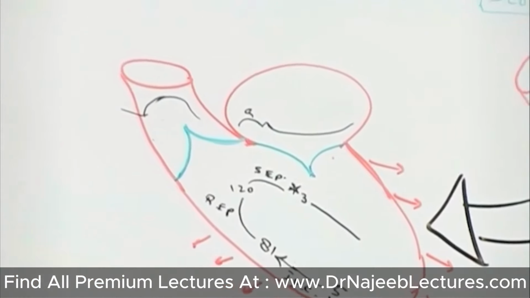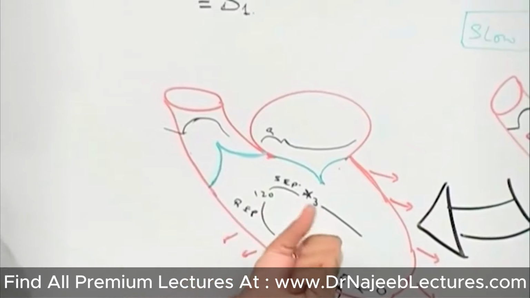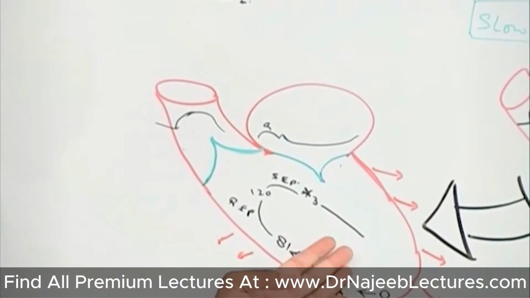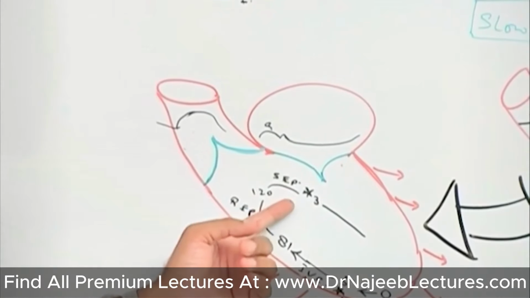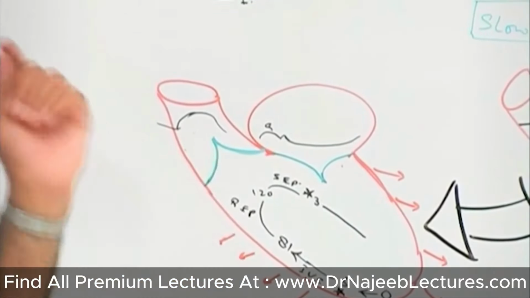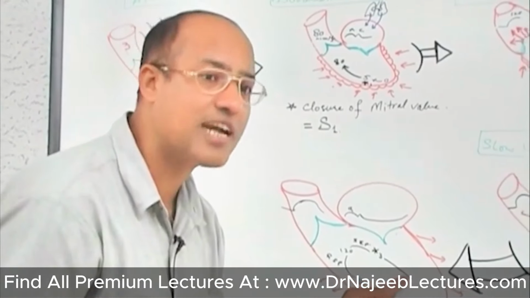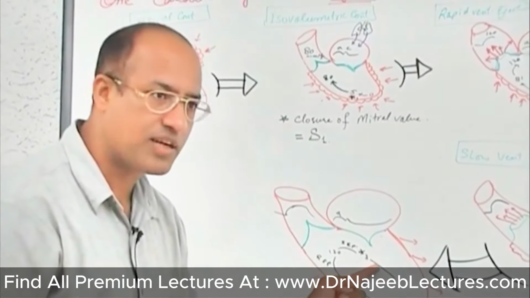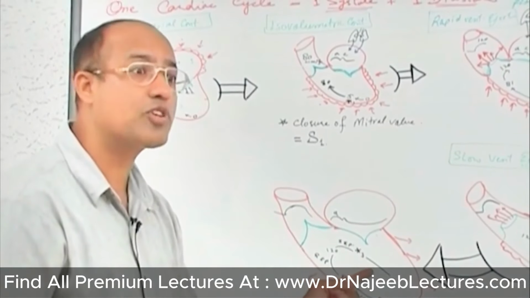Again, let me repeat it. When ventricles start relaxing, intraventricular pressure starts falling rapidly. At the beginning of the fall in intraventricular pressure, there was closure of the aortic valve, and after that it started relaxing as a closed chamber. Why was it relaxing as a closed chamber?